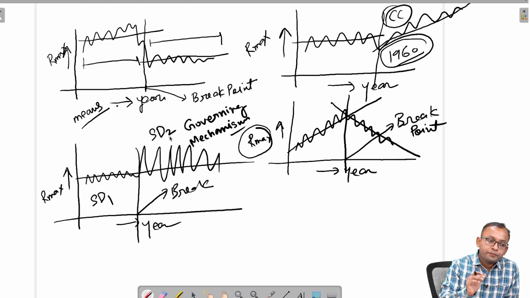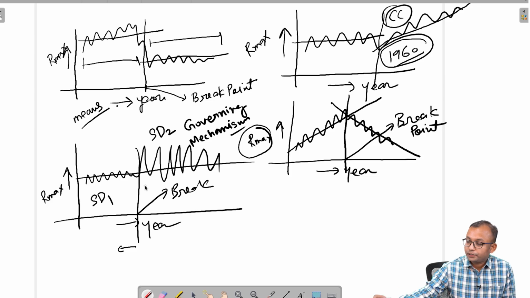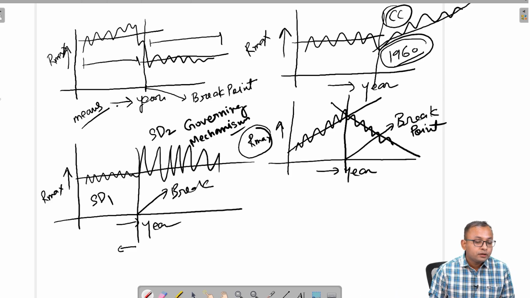In the initial years the standard deviation was relatively lower, but after this point the standard deviation is very high, and therefore you have large variability in the data set. That is how we can get this from the analysis.